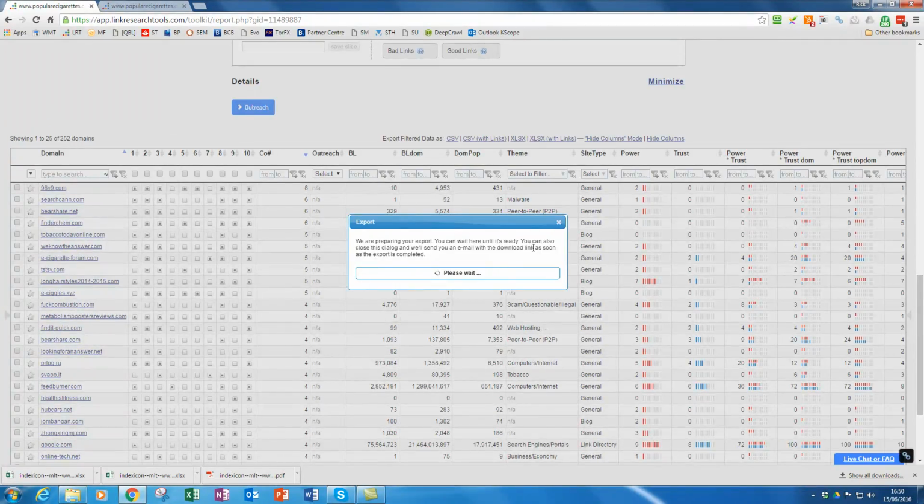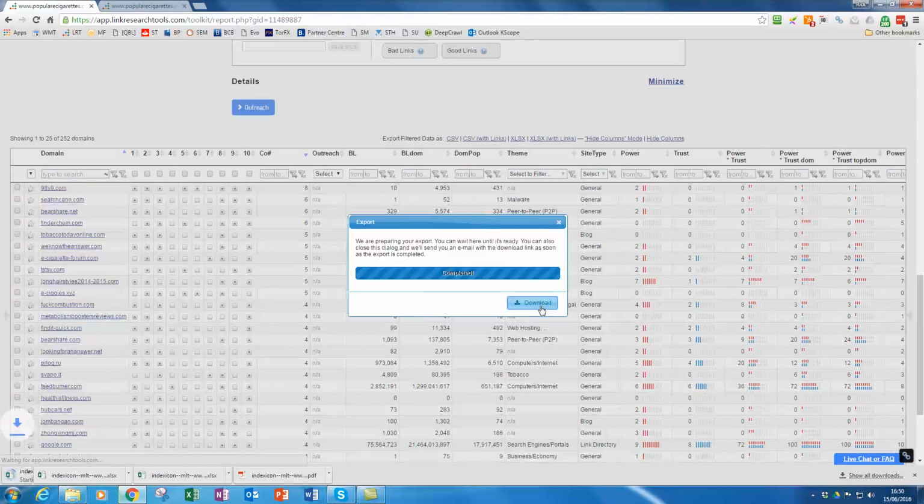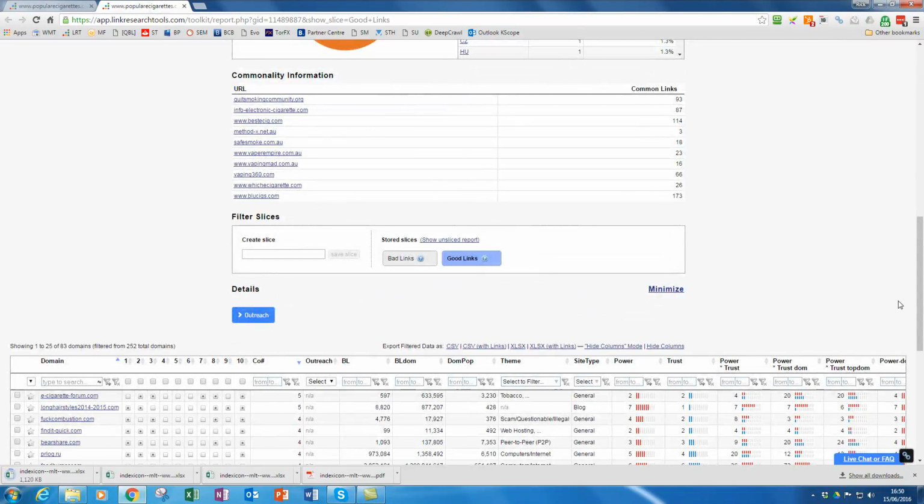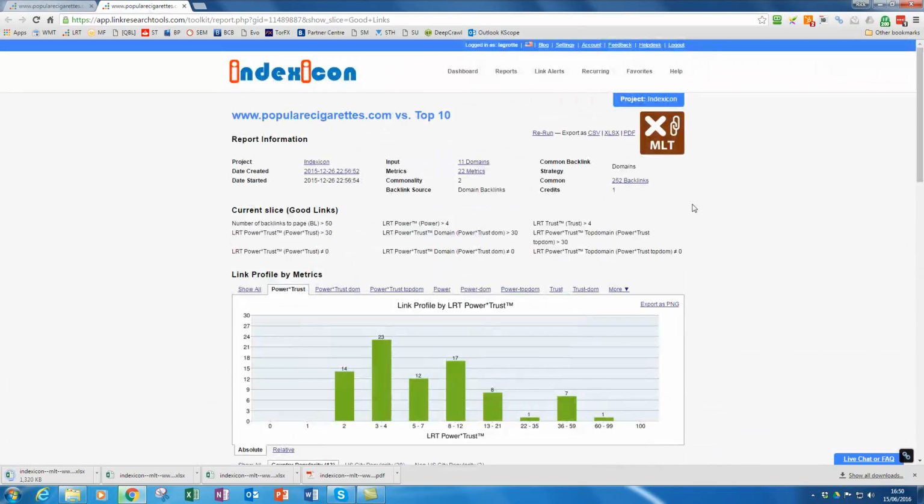But sometimes that's not quite enough, so what I also do is look at the Good Links filter slice. This is where it's filtered for these metrics, meaning the links are going to be pretty good, and you can see here that they've all got quite a great LRT Power*Trust, which is fine.